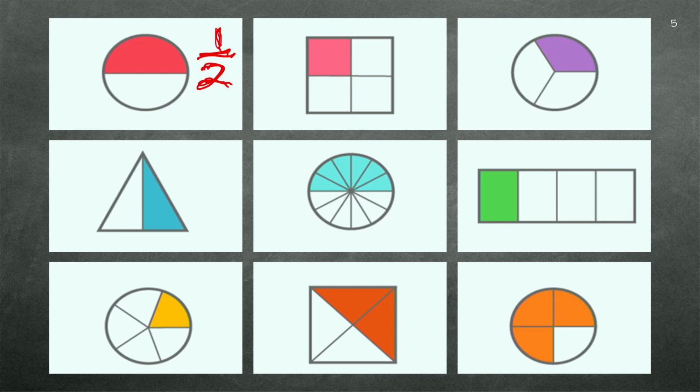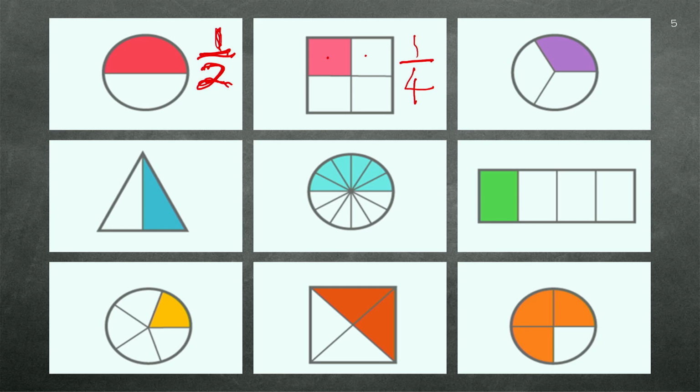It can take any form. Look at the square. Please tell me what portion is colored in. It's 1, 2, 3, 4. So there's one portion out of a possible 4. So 1 is our numerator, the number that is colored in, and 4 is the possibility, how many could be colored in.